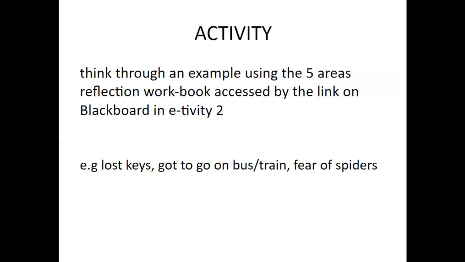You might want to pick a phobia, fear of heights, fear of spiders, a situation where you've been late to class, first day on a placement maybe, you've lost your keys, going to catch a train or a bus, anything that you think you could use as an example of how your thinking affected your behaviour and how you were feeling. If you want to pause the presentation now and then come back to me when you finish that activity.